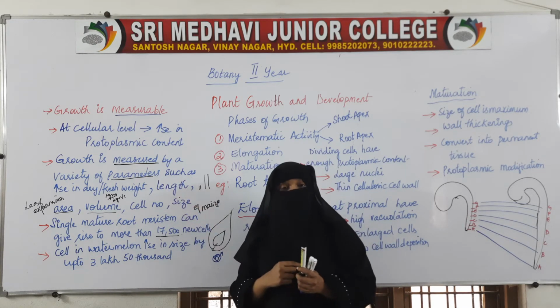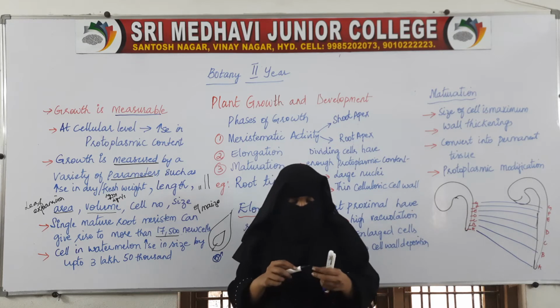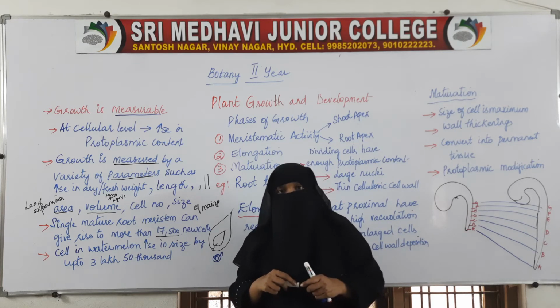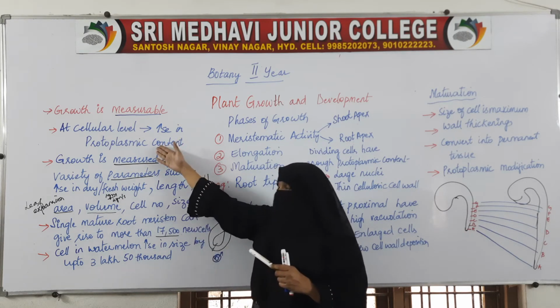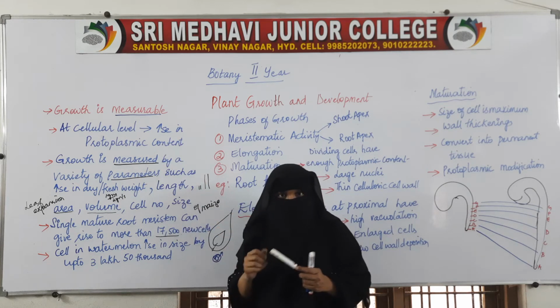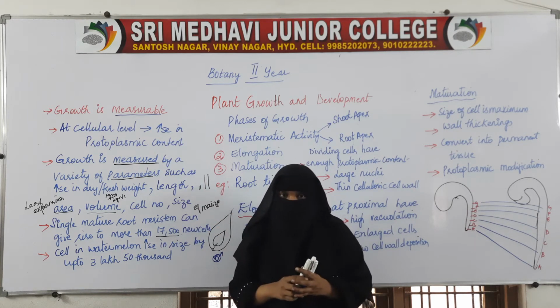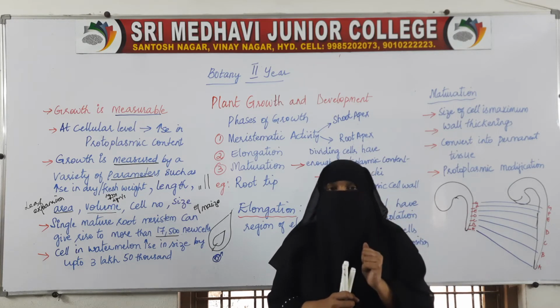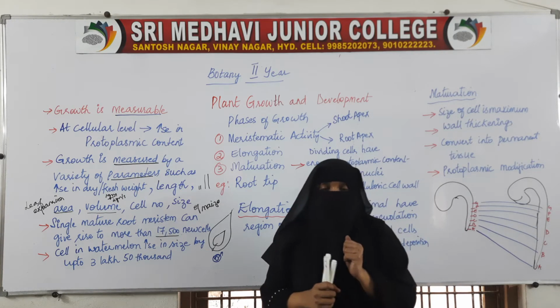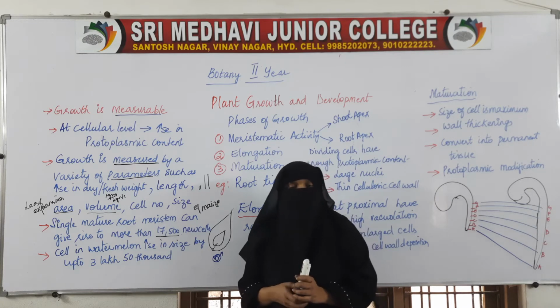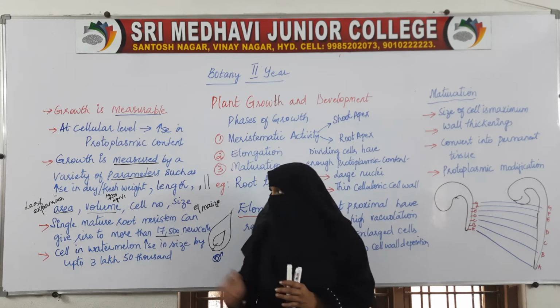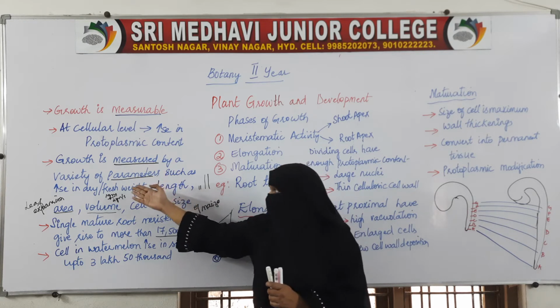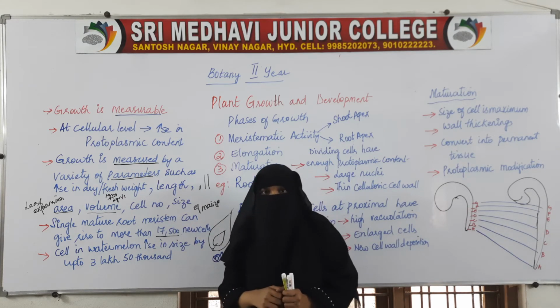These are the different parameters through which we can measure the growth. At the cellular level also, growth will be seen, that is increase in the protoplasmic content, but it can only be seen at that level. We can only see, we cannot measure, because we do not have such sophisticated and sensitive instruments. So instead we can measure the growth by these parameters.